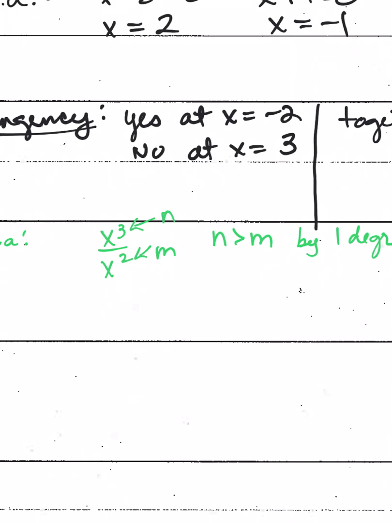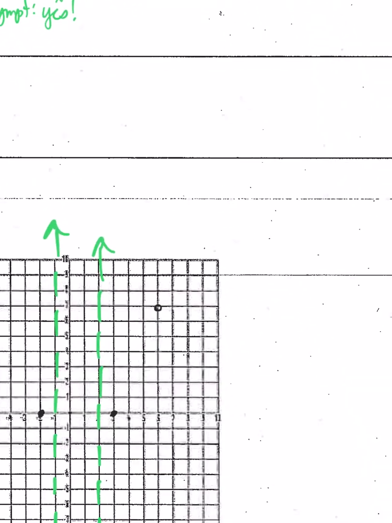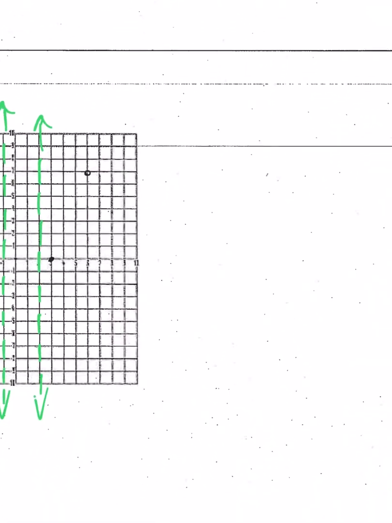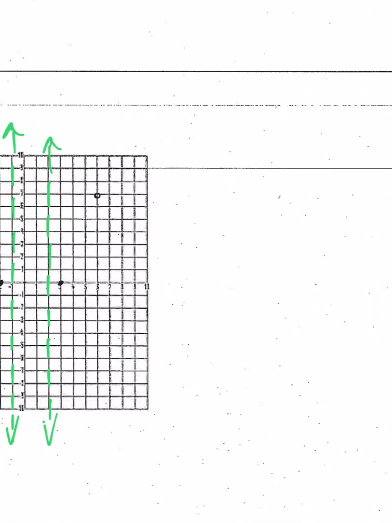If it's bigger by 1 degree, do we have a horizontal asymptote though? Horizontal asymptote is no, we have an oblique or a slant asymptote. So guess what we have to do? We got to go down here and we got to find it.